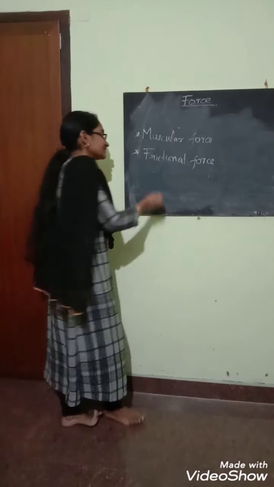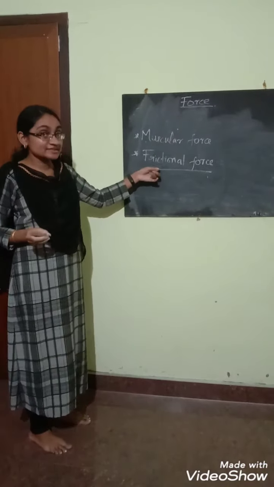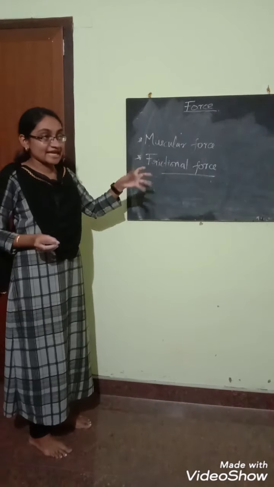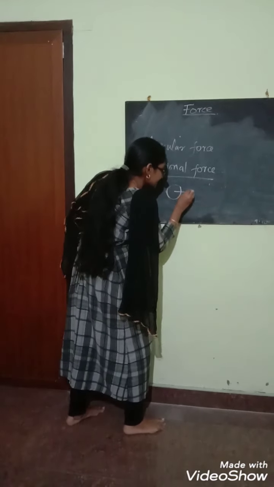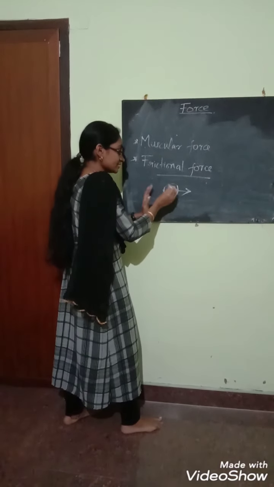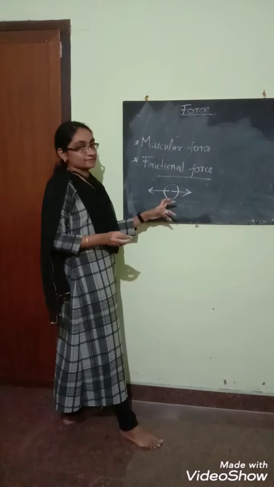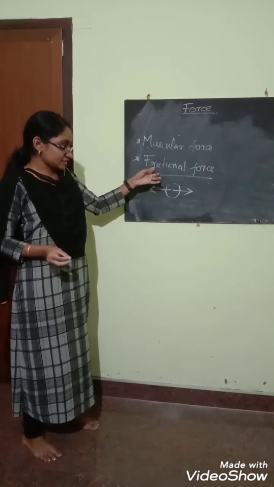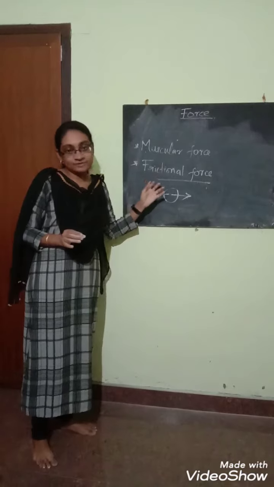It is done by this frictional force. So, frictional force is an opposing force that acts on a moving object against the motion. That is, when an object is moving to this side, this frictional force opposes its motion and is in the opposite direction of the motion. Your next chapter is frictional force, and we will talk about it in detail in that chapter.